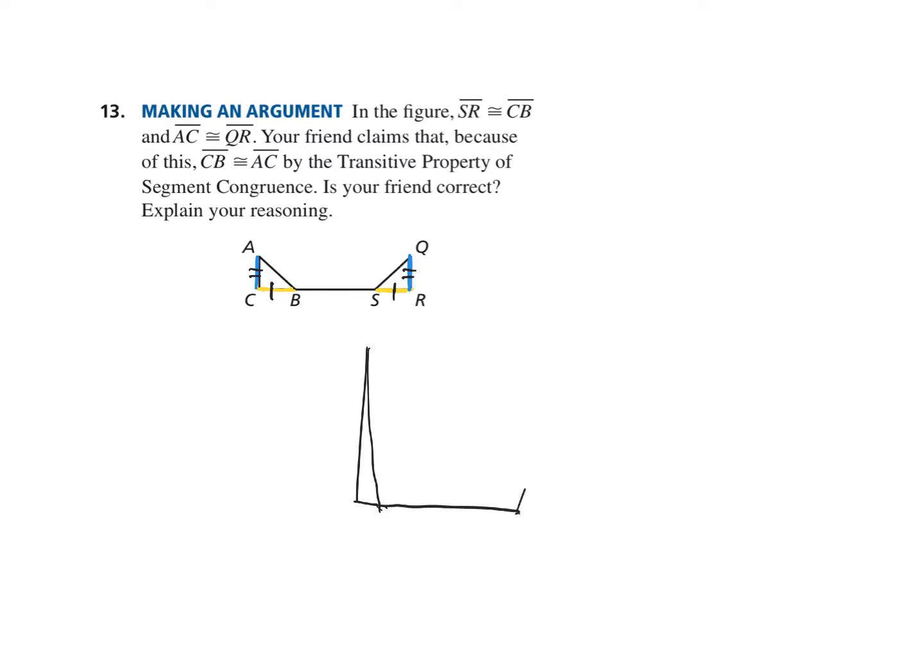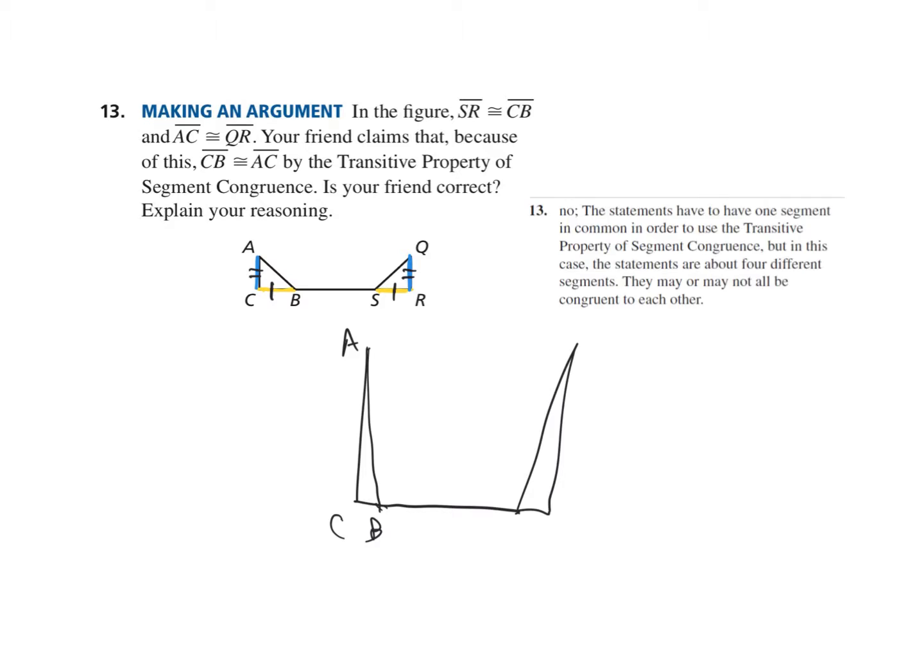There's that line. Okay, and that's CB, and here is AC. Obviously, those two are not the same length. All right, so there's nothing in the picture that says that they have to be the same length, and there's no transitive property proving it in any way.